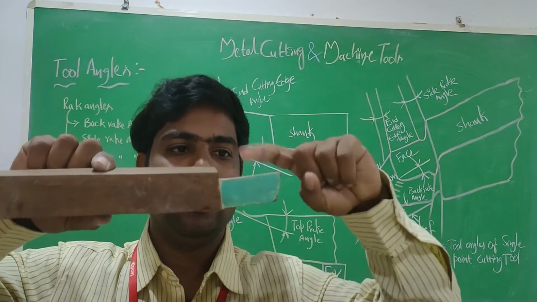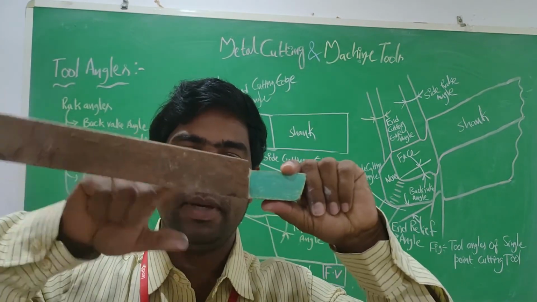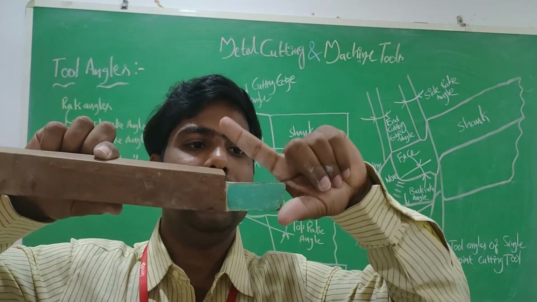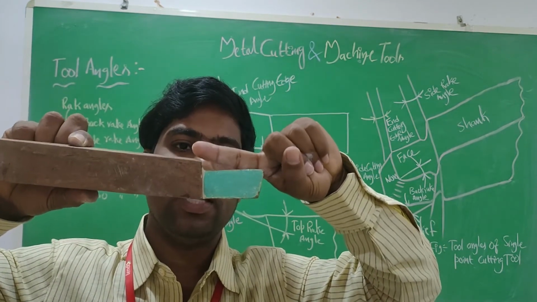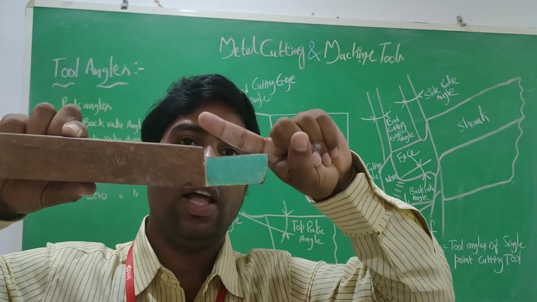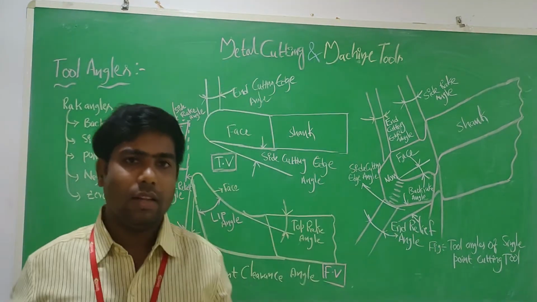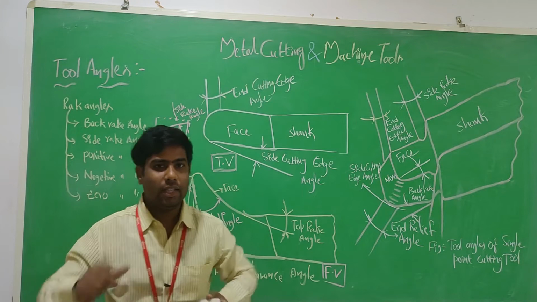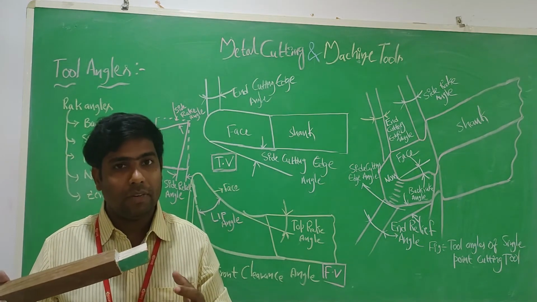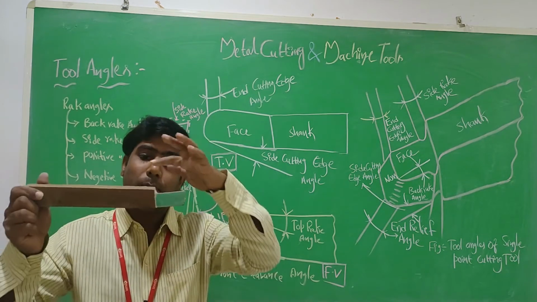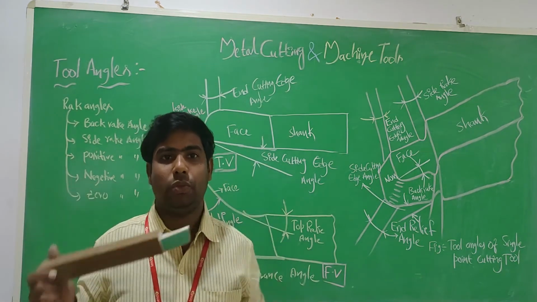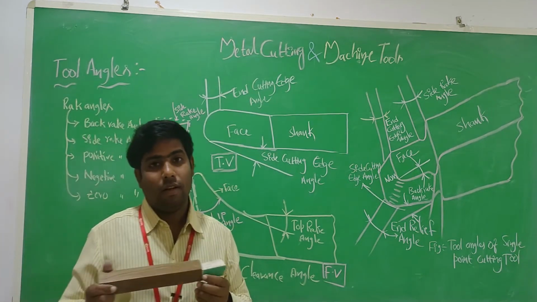So this is the face of the tool, this is the plane, the base of the tool and the plane parallel to the base of the tool. This is called the rake angle. Simply we can say that the rake angle is the angle plotted between the face of the tool and the plane parallel to the base of the tool.